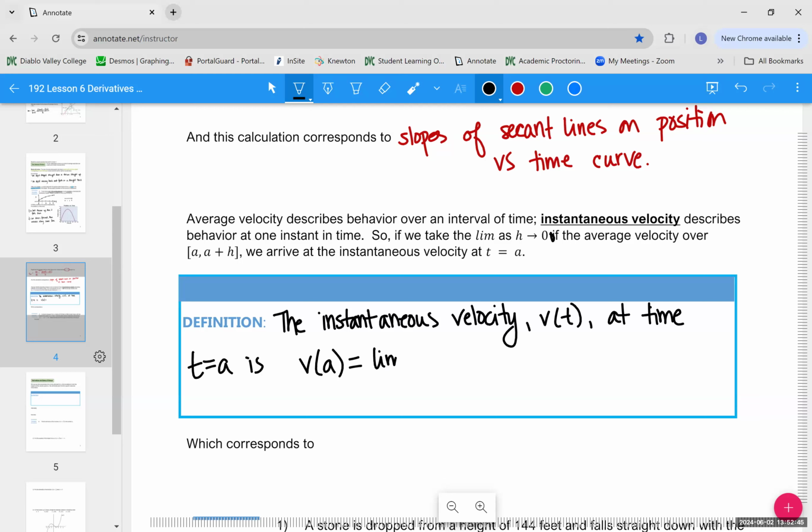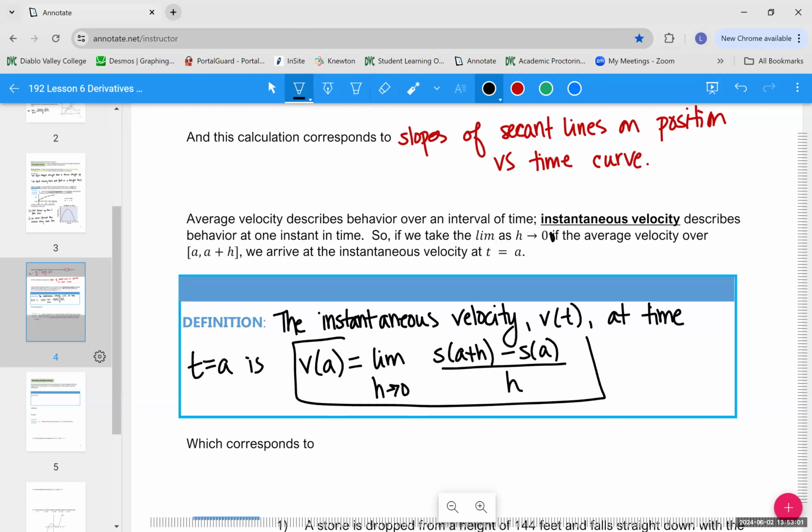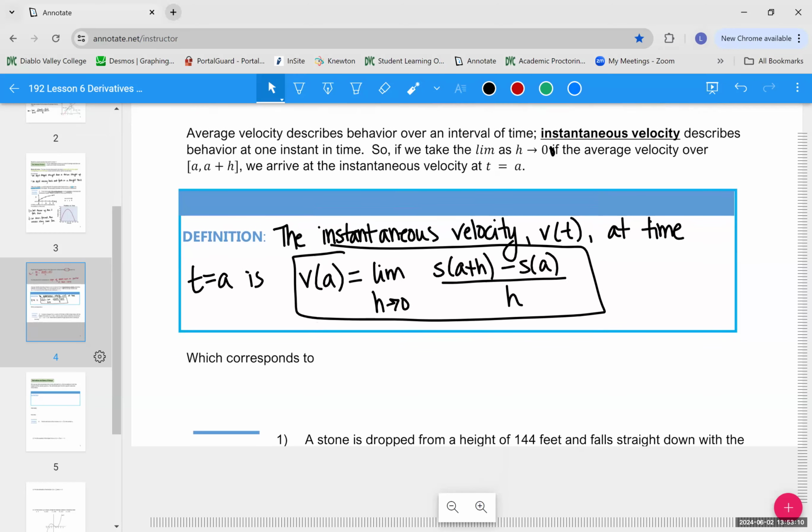It is the limit as h approaches 0 of s of a plus h minus s of a all over h. So once again, pretty much the same limit calculation, and the function that we are using is the position function.